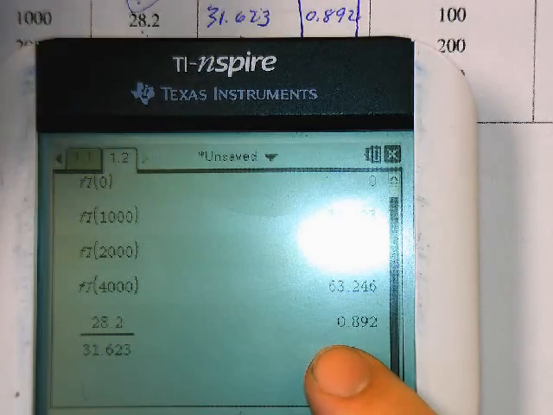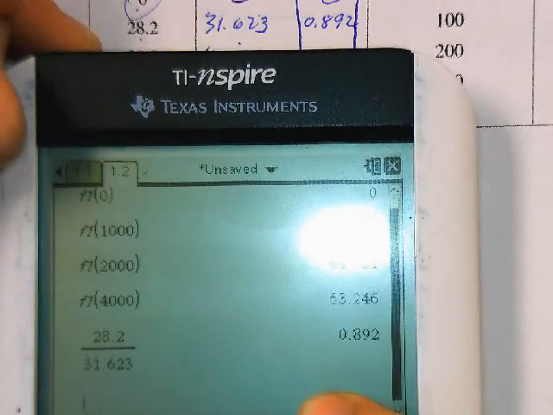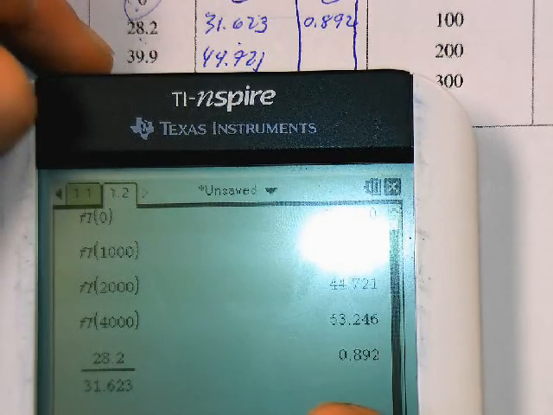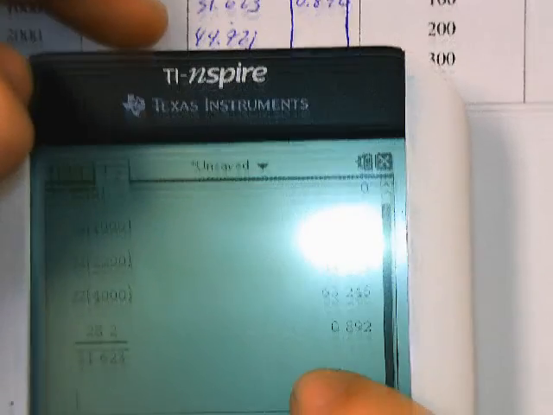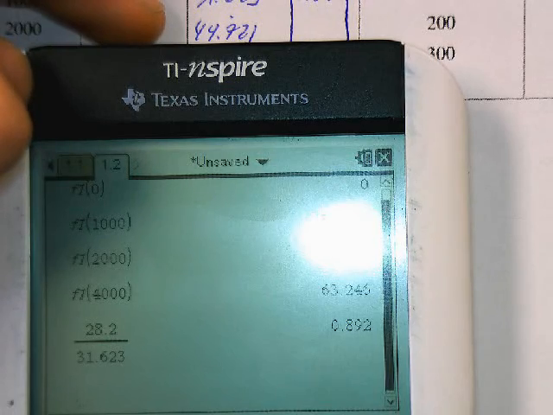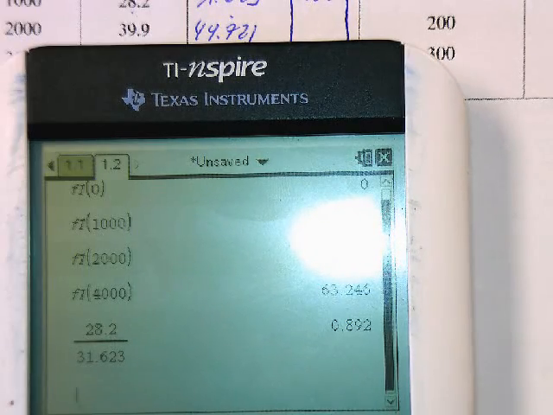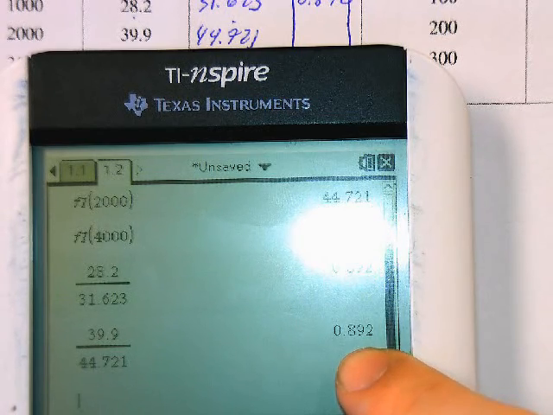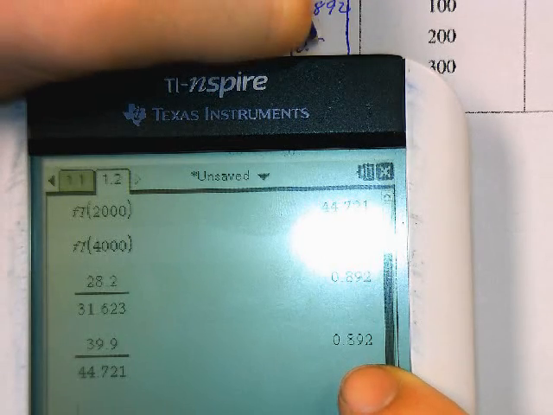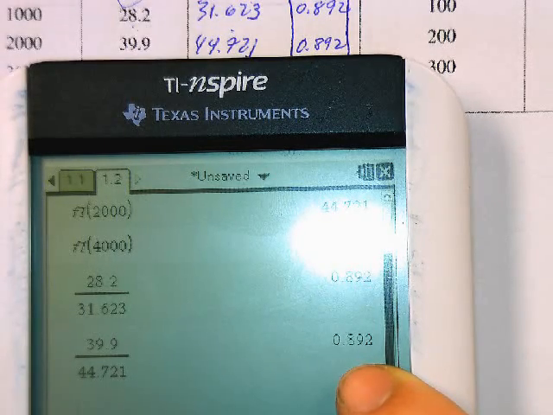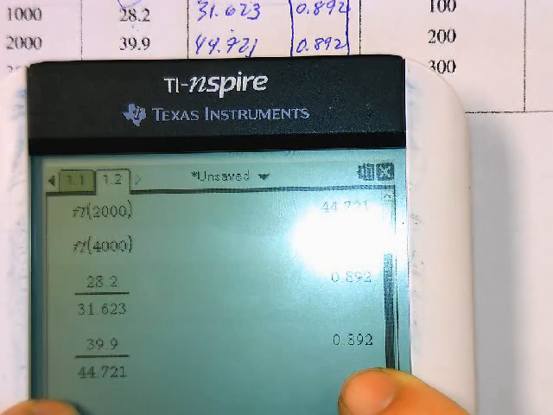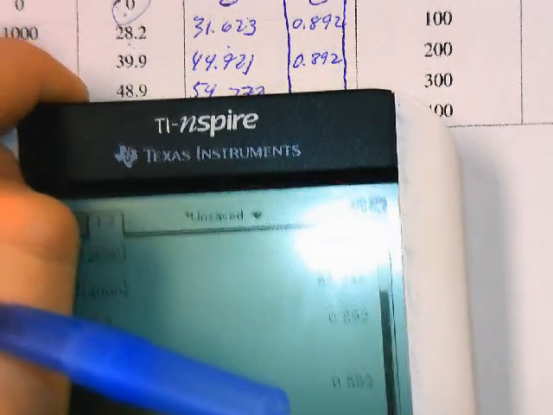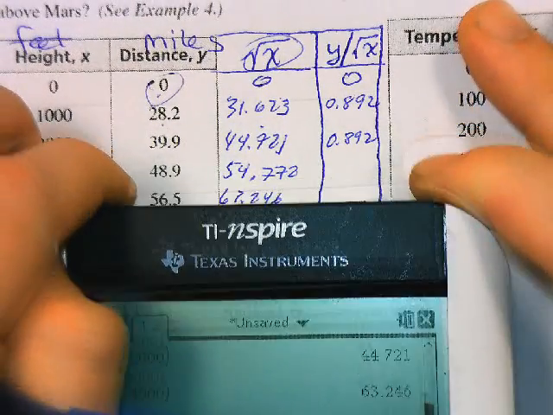Let's divide the next row. The next row says 39.9 divided by 44.721. Alright, that's 0.892. We'll go on to the next one. This is 48.9 divided by 54.772.